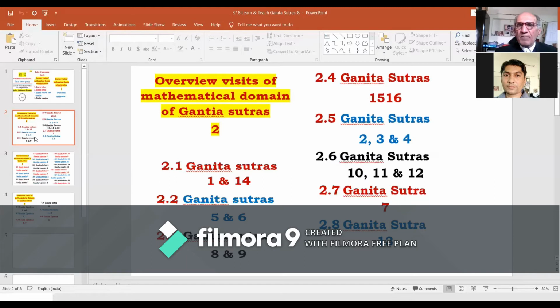Therefore, the complementing and supplementing features of this pair of sutras deserve a comprehensive overview, a simultaneous view for the mathematical domains of Ganita Sutra 8 and 9 are required. Ganita Sutras 14 and 15 are the end pair of sutras.